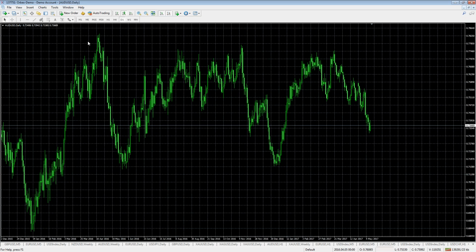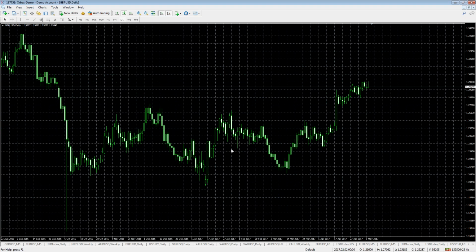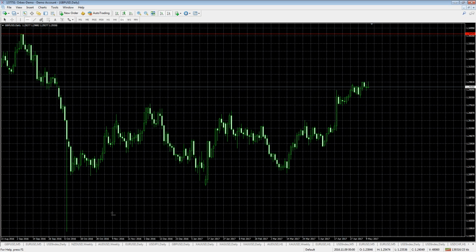let's see something else. Let's see GBP USD. Okay, on the downtrend, have a look at this one here. Trending lower, that's the high. That's the flash crash lows.